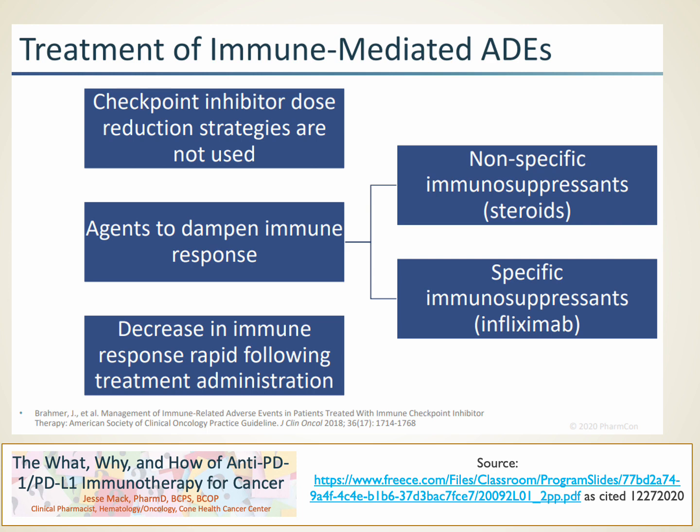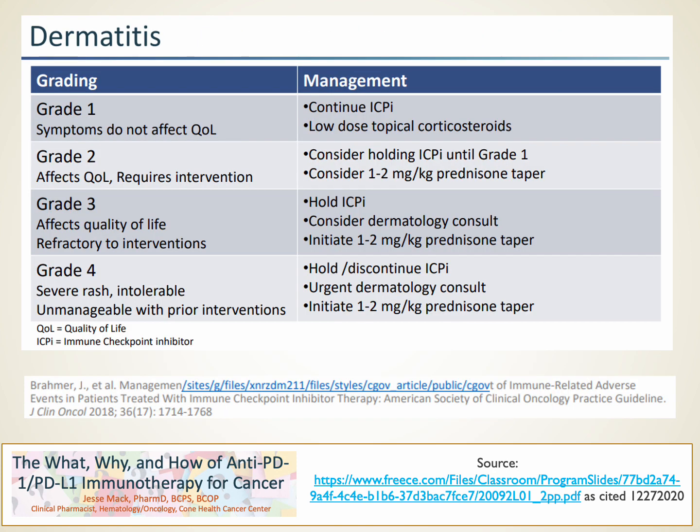And so the decisions on how we manage each of these are based on the grade or severity of the adverse effect. The oncologist usually is the individual who works with the rest of the team to manage or coordinate this. But your important issue is to recognize when these happen.